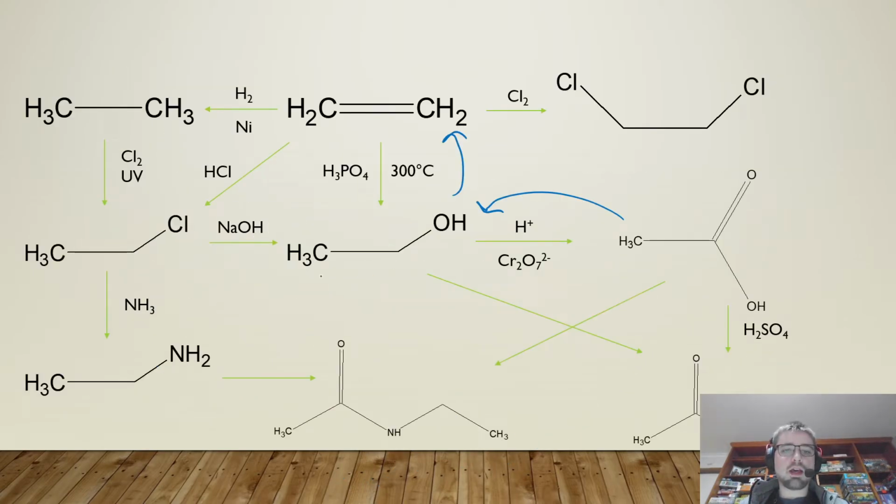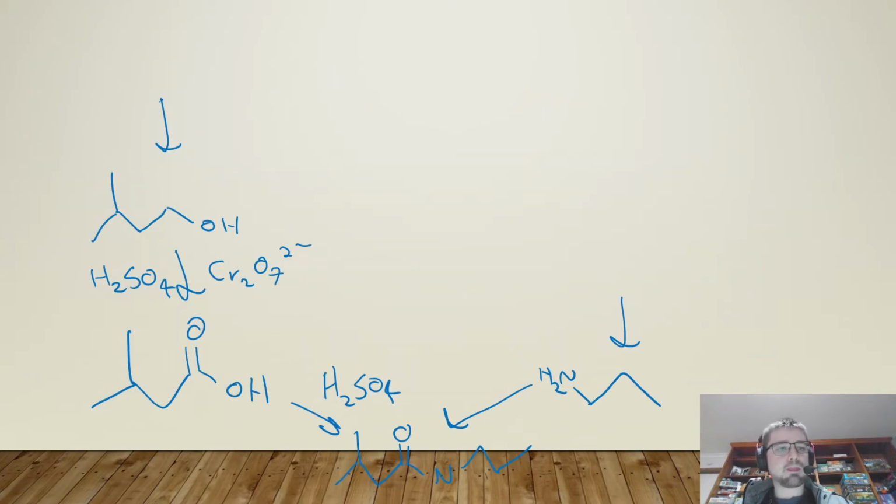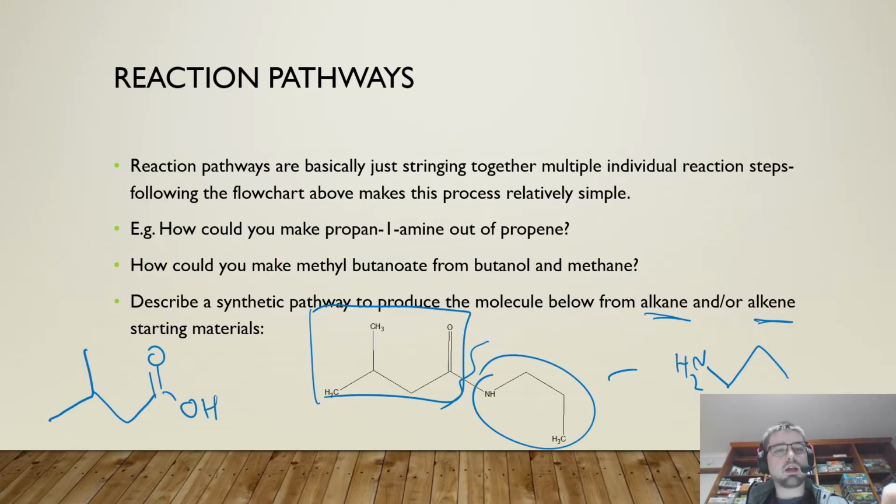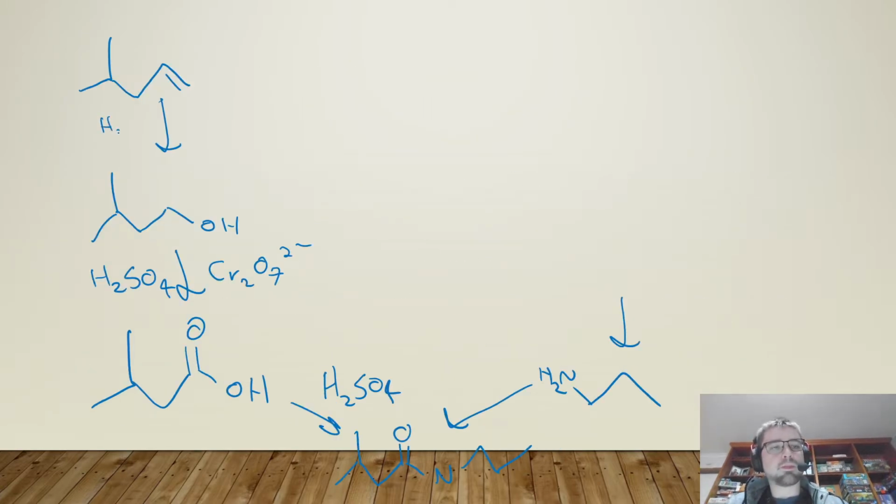All right, and the alcohol came from an alkene. So an alkene with OH on the side, like that. And the alcohol is made by phosphoric acid at 300 degrees. Just add delta to show that there's heat there.